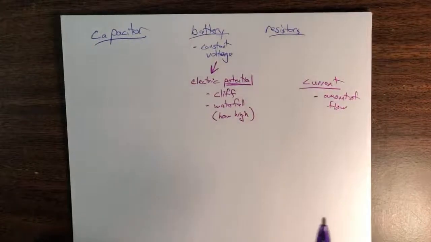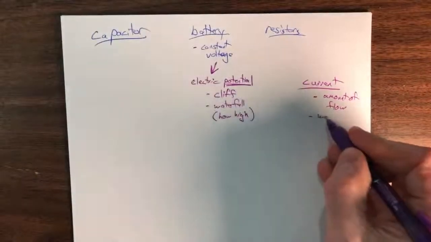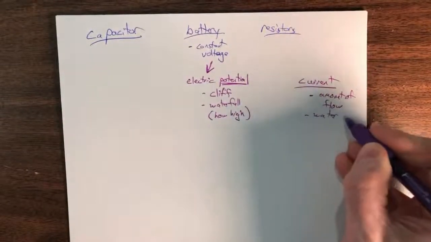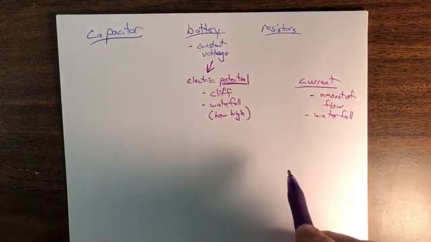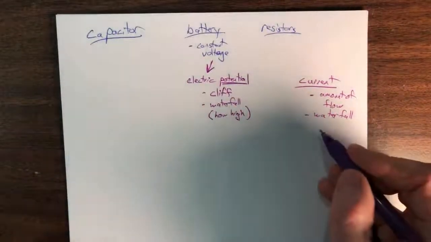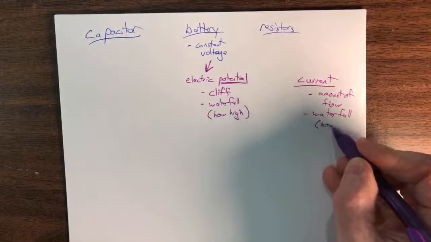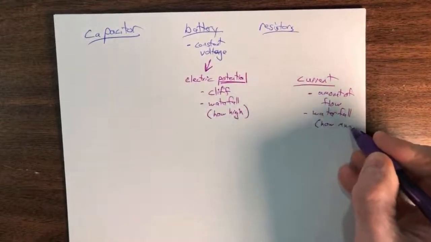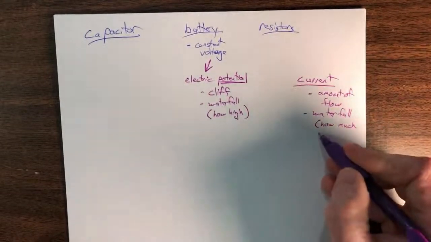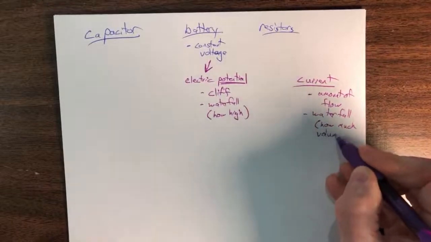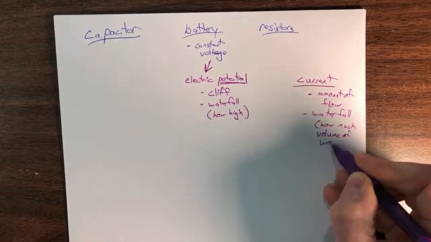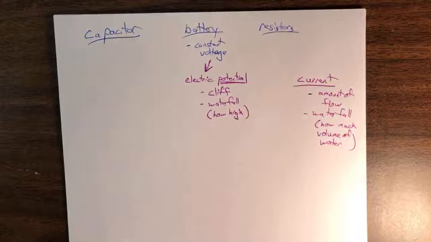Right? And so if we're talking about a waterfall again, so if you keep up the waterfall analogy, we're going to be thinking about, okay, how much water is going over? How much, let's say, volume or mass is actually going over the waterfall.